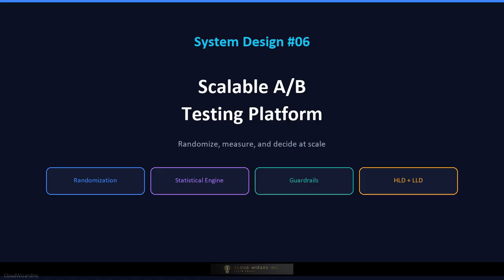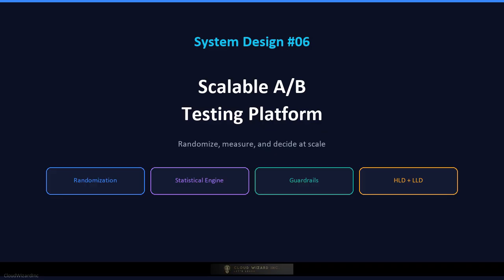Welcome to Cloud Wizard. In this video, we're doing a complete deep dive into the Scalable A/B testing platform, the system that lets product teams, data scientists, and engineers run trustworthy experiments at scale. If you have ever wondered how Google, Meta, Netflix, LinkedIn, and Spotify decide which search ranking, recommendation algorithm, or user interface wins, the answer is a production-grade experimentation platform.